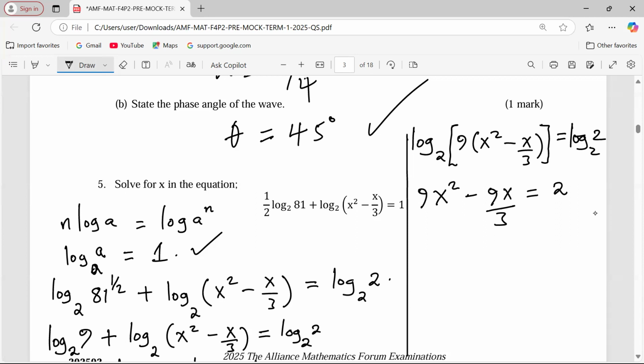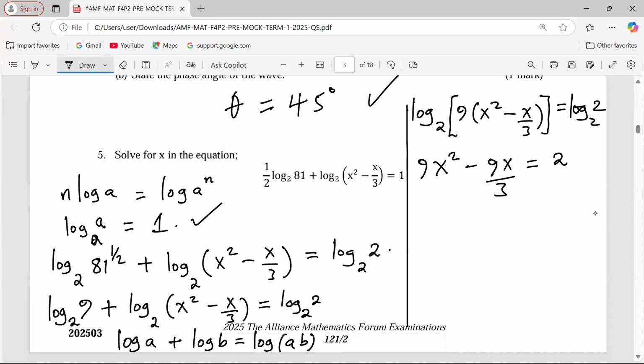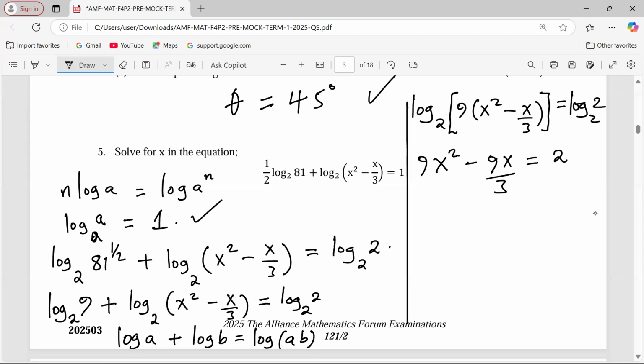Don't cancel it, just drop logarithms. Now, if I rearrange this equation, you discover that this is 9x squared minus 3x, and this is just equivalent to 2.